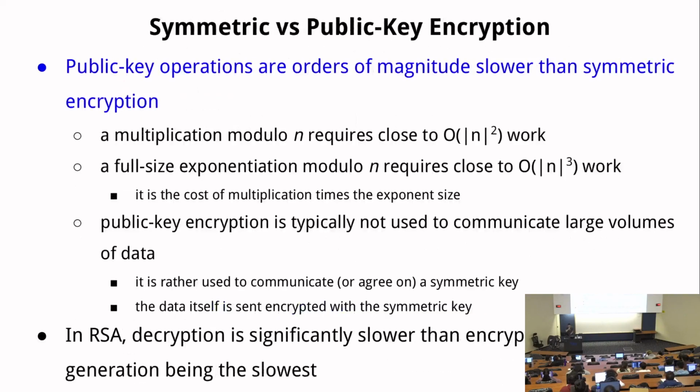Okay, so now let's compare symmetric and public key encryption and say when we should use which one. First of all, public key crypto is much, much slower than symmetric encryption. Symmetric encryption is just substitution and transposition, and we use S tables and P tables, so it can be very fast.